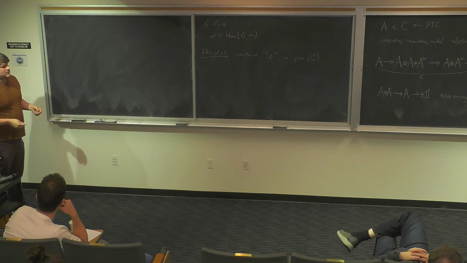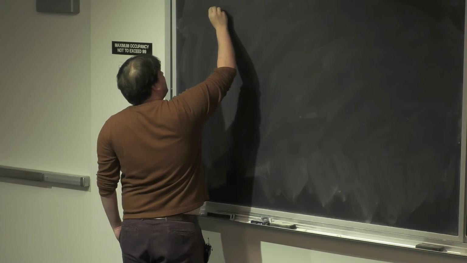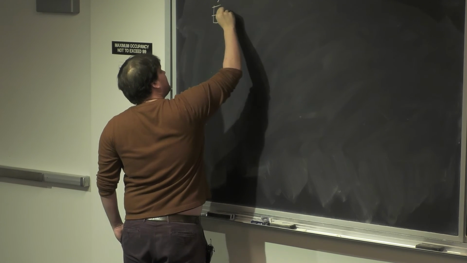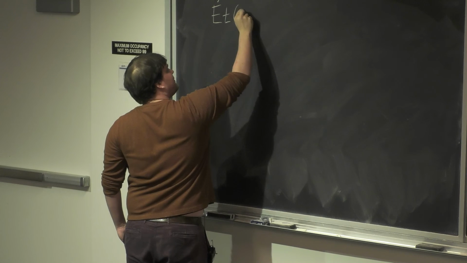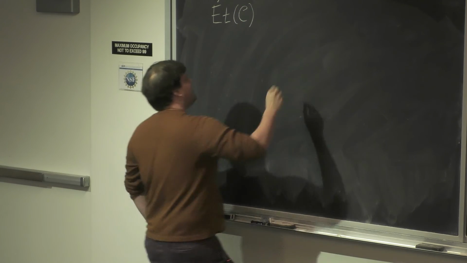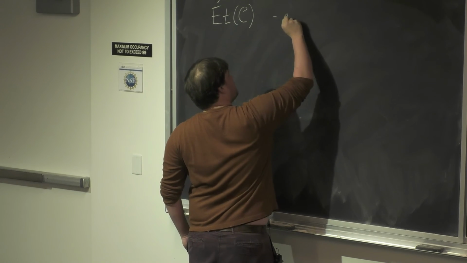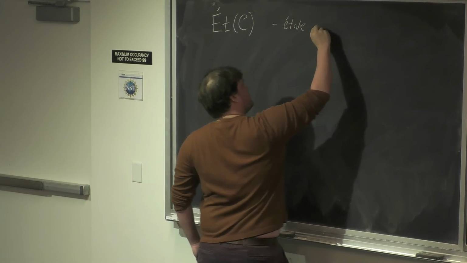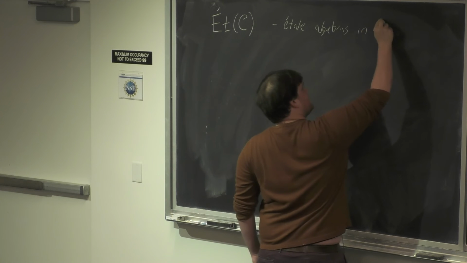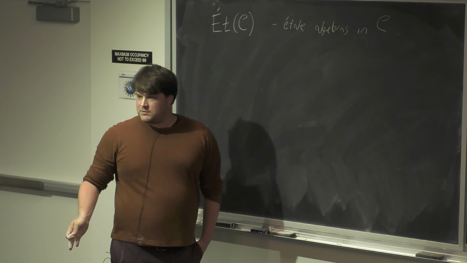Well, what we can do is I can define Et of C to be just the category of étale algebras in my pre-Tannakian category with algebra maps between them.